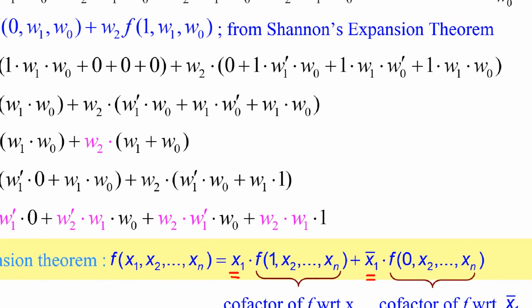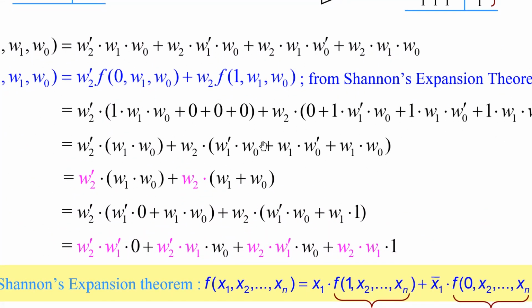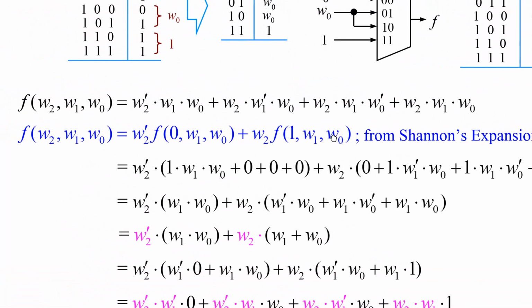So for example, if your function is this one, and if I apply the general expression about W2, that means your function is W2 prime and the function when W2 is 0, plus W2 and multiply the function when W2 is 1.